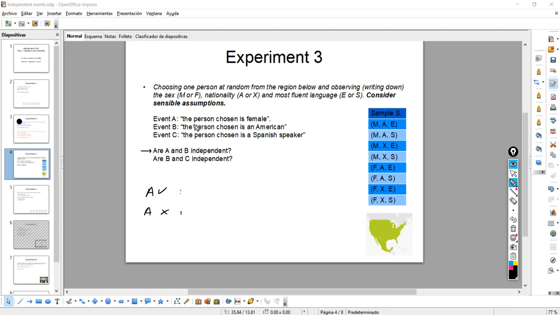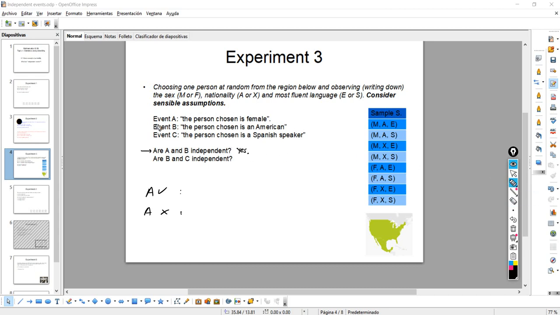For example, if I know that the person chosen is female, does that give me any reason to think that it is more probable that the person will be American or not? By considering sensible assumptions, we can say that no, they're not... I'm sorry. Yes, they are independent.